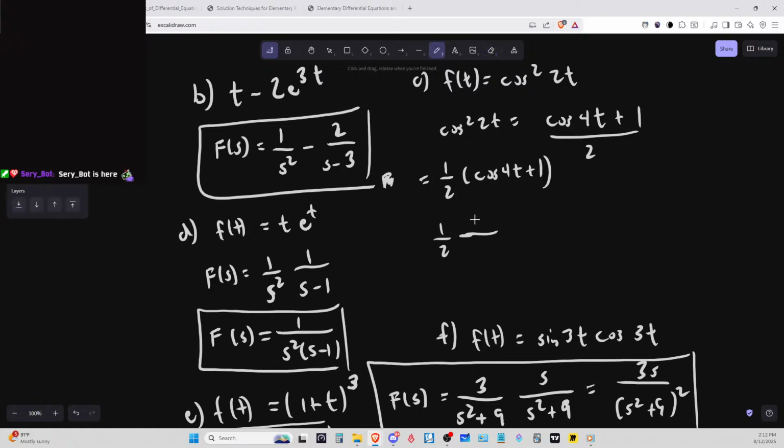So cosine is this s over s squared plus 16 and then plus 1 over s.